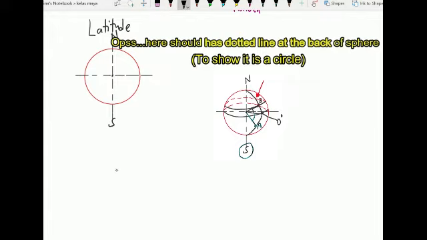Let's say this is 0 degree. This 0 degree, we call it the equator.